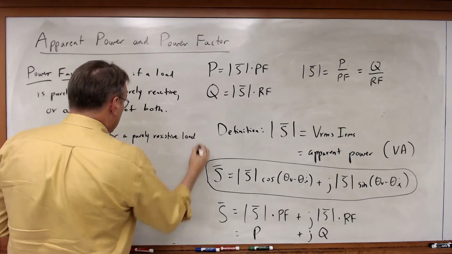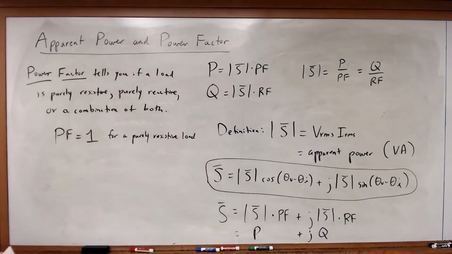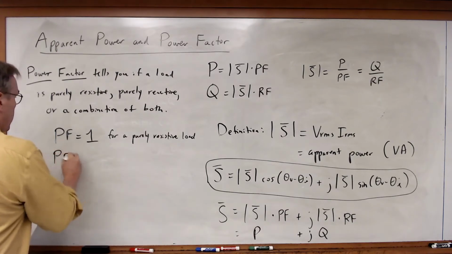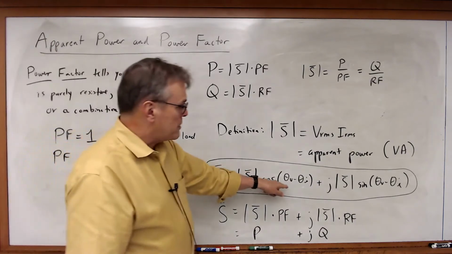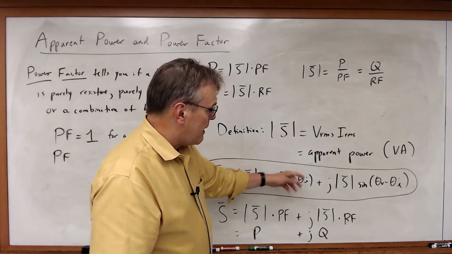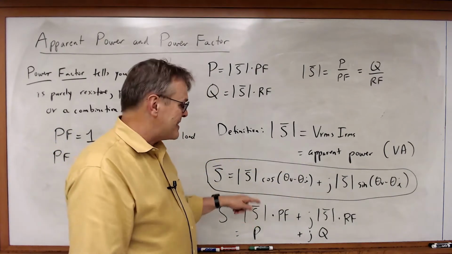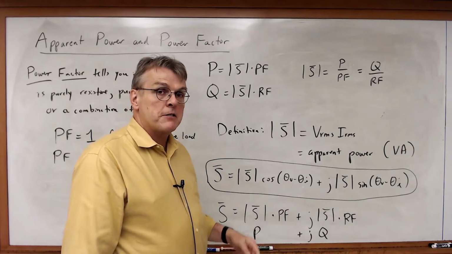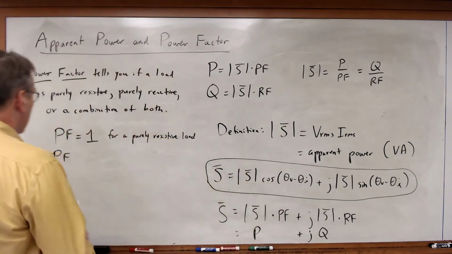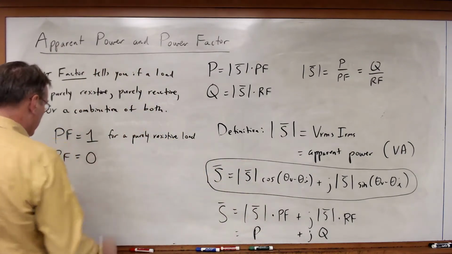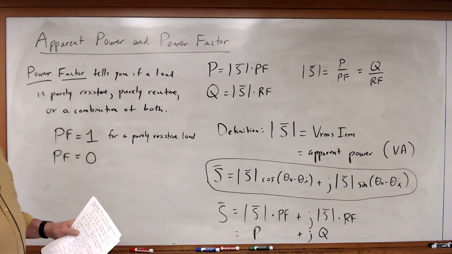So if your load is nothing but a resistor, then the power factor will be equal to unity. If you have an inductor or a capacitor where theta sub V minus theta sub I is either plus or minus 90 degrees, then cosine of plus or minus 90 degrees is equal to 0. And therefore, power factor is equal to 0 for a purely reactive load.